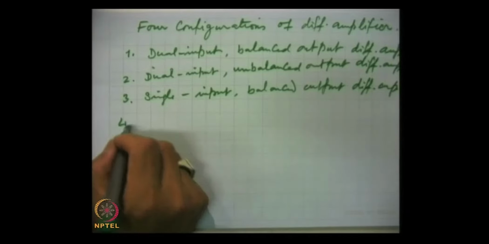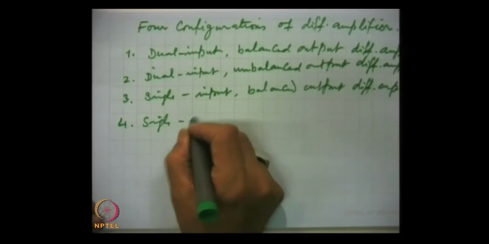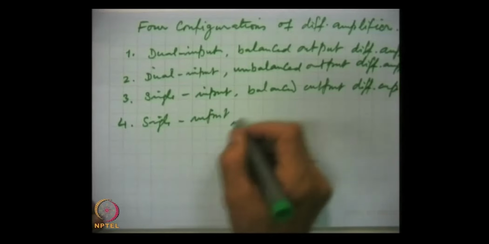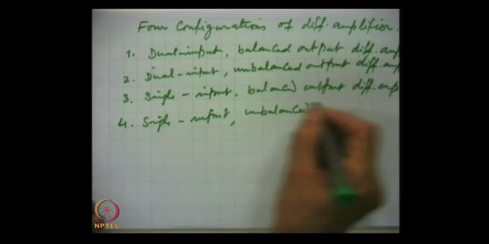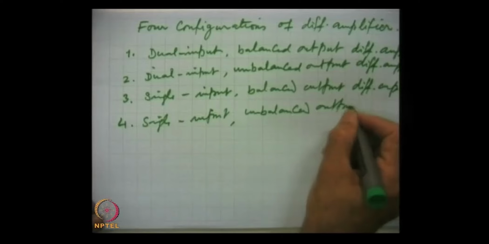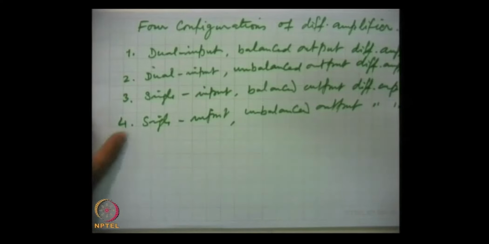And finally, the single input unbalanced output differential amplifier. In this, a single source is to be used, the other input is grounded, and output is taken from the collector of Q2 with respect to ground.